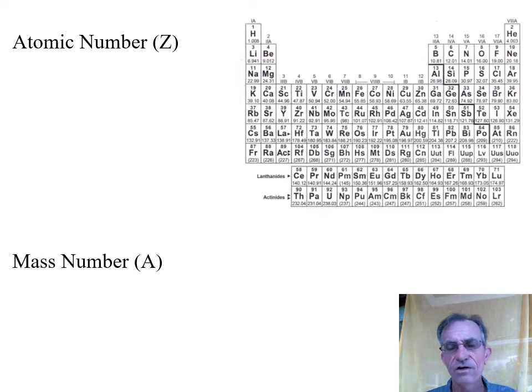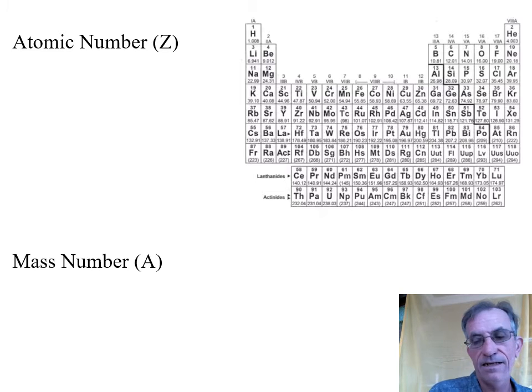All right, so when we want to talk about how many of these particles, protons, electrons, and neutrons, are in an atom, we use two terms. Term number one, atomic number. Atomic number, by the way, has a symbol. The symbol is the letter Z, so Z stands for atomic number.